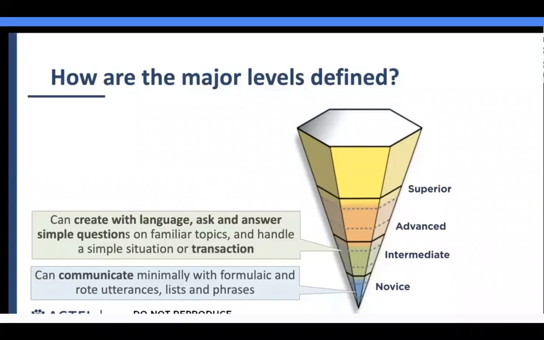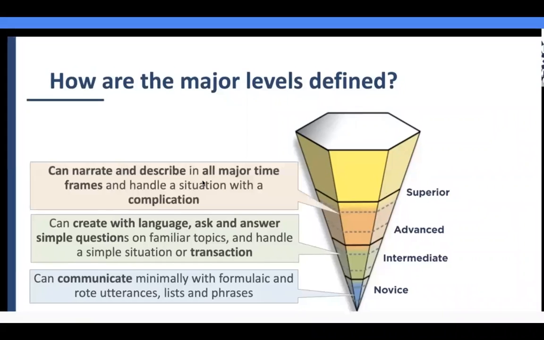But they are definitely creating with the language that they have acquired. They are no longer parroting or using memorized phrases or words. Something to note is that an intermediate can handle what a novice can do, and then they can also do what the intermediate level can do. So they build on each other, right?